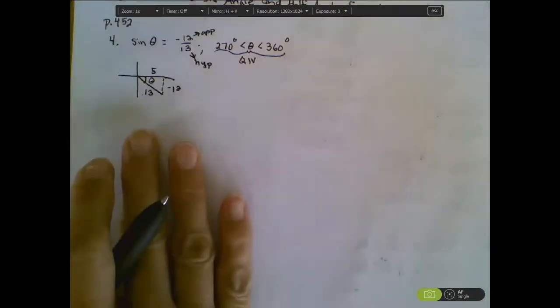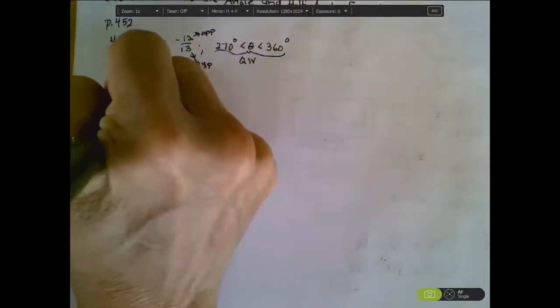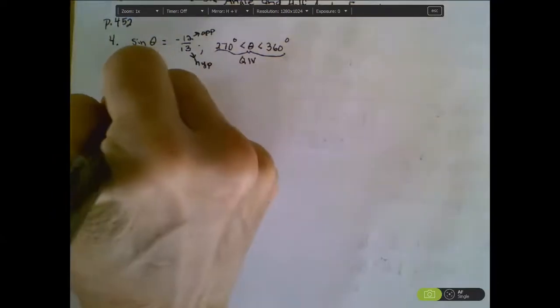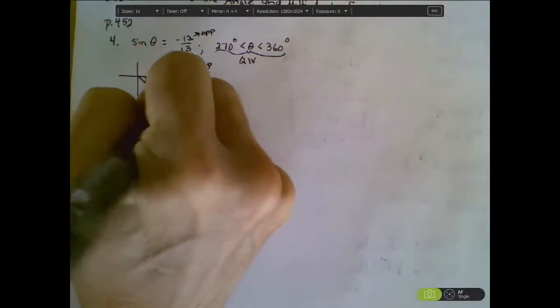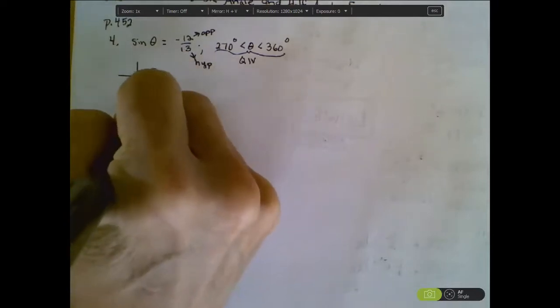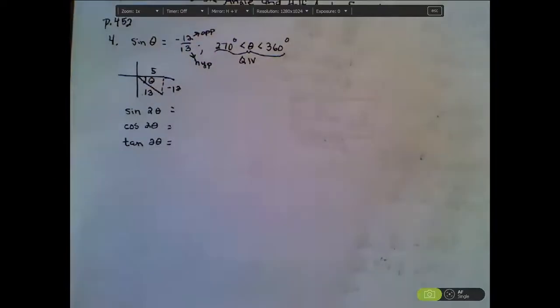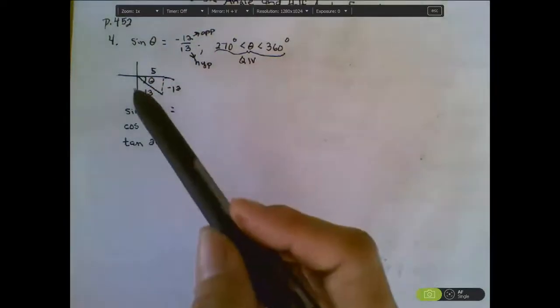Now that I have that triangle, I can find the sine of 2 theta, the cosine of 2 theta, and the tangent of 2 theta. Again, that's without ever knowing what theta actually is.